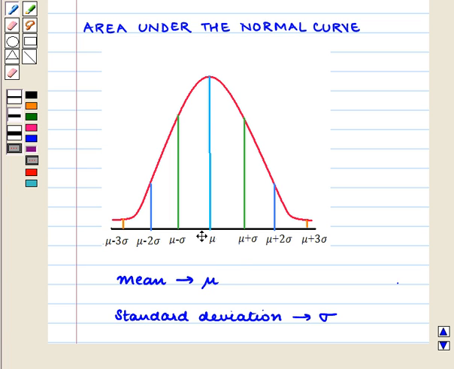The central value is taken as mean, denoted by mu. The values greater than mean, that is on the right side of the mean, are taken as mu plus sigma, mu plus 2 sigma, mu plus 3 sigma, and so on.